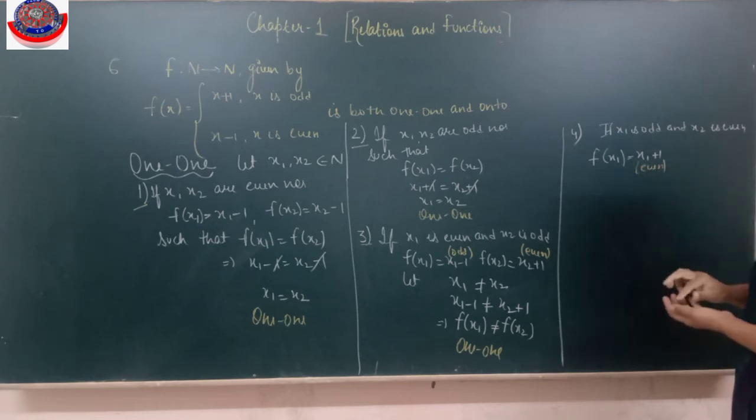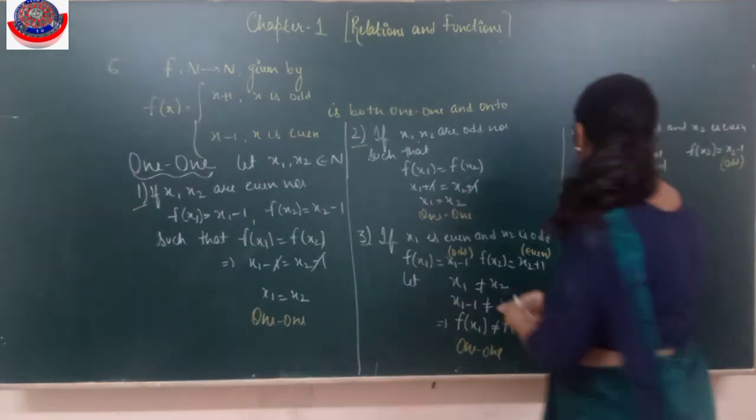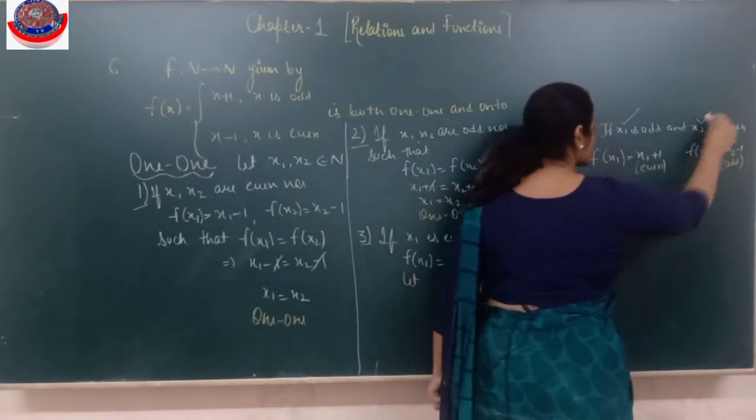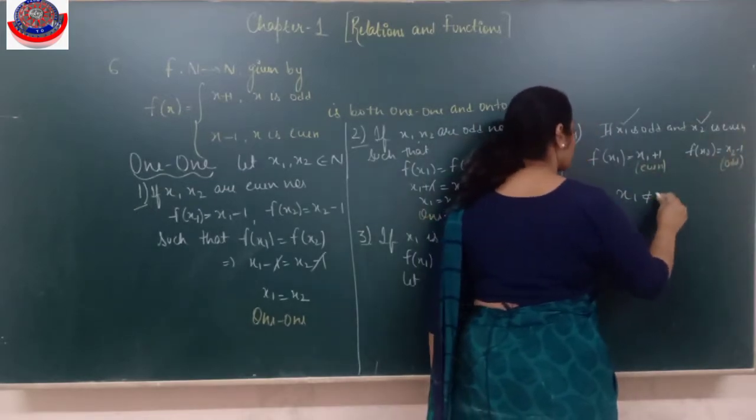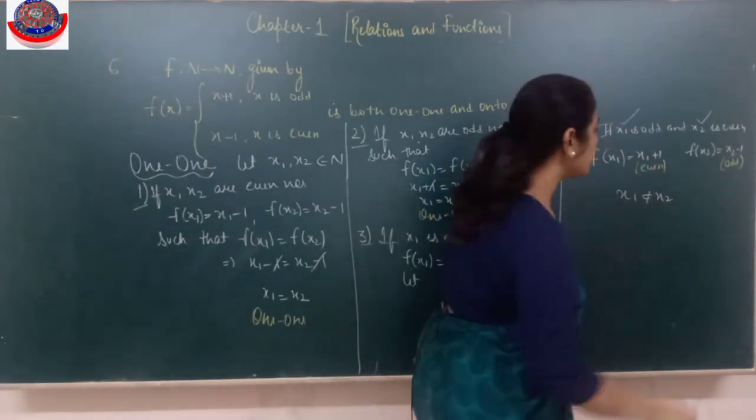Even number. x2. What is f of x2? It is even, so it will be x2 minus 1. So it is odd. Clear? Now we know that x1 is odd, x2 is even, and odd and even numbers cannot be equal. अगर ये even और odd number equal नहीं है तो ये even और odd number भी equal नहीं हो सकते हैं.